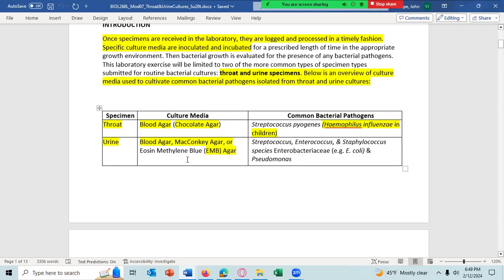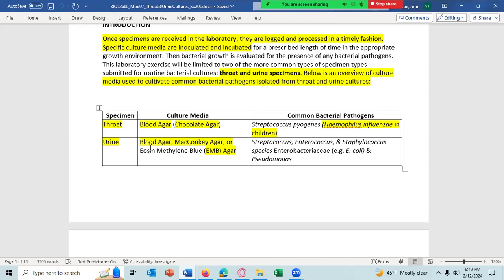All right, for the urine specimens, meaning somebody who had a urinary tract infection or some bladder infection, we grow the cultures first on blood agar, and then in addition on either MacConkey's or EMB agar. Blood agar will grow all of the urinary tract pathogens, both the gram positives and the gram negatives.